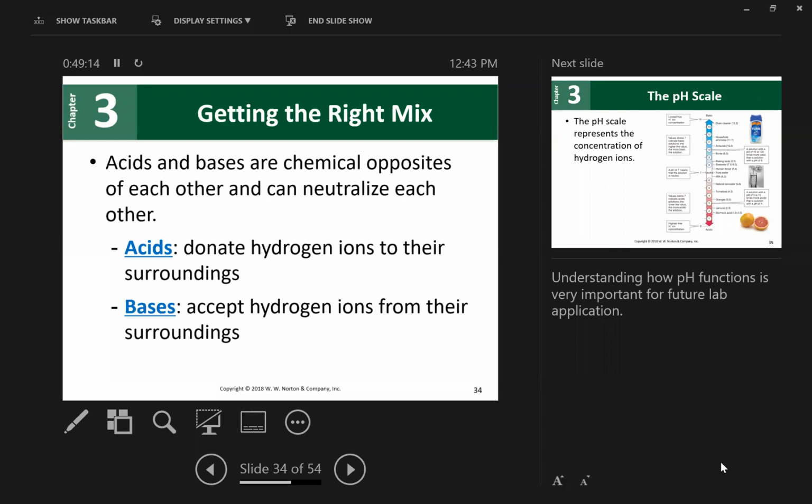So acids and bases are chemical opposites of each other, and they can neutralize each other with how many ions they can take in or give away. So acids are able to give hydrogen ions to their surroundings. Bases accept hydrogen ions from their surroundings.